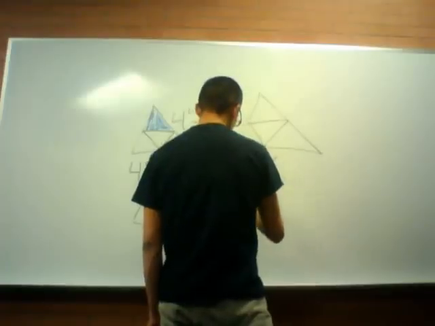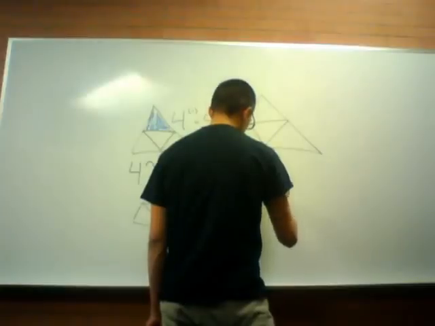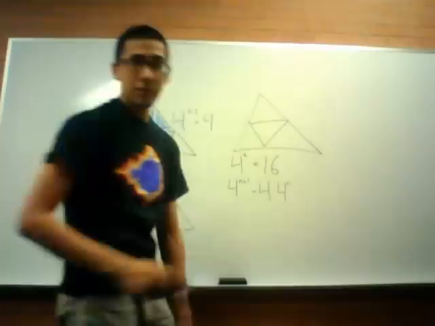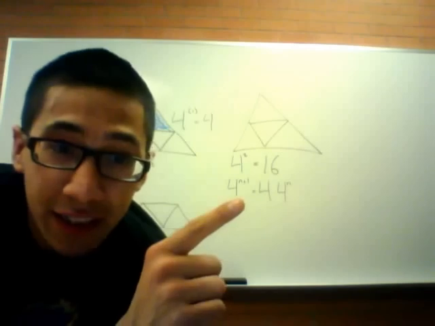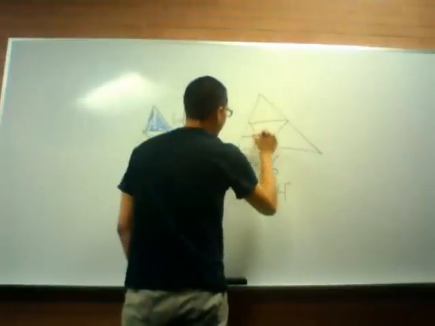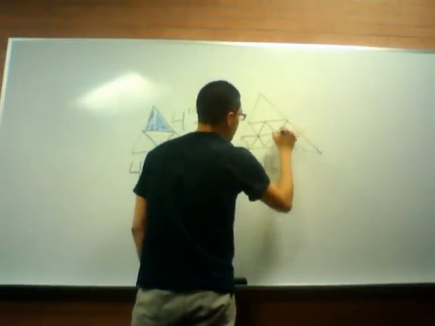So 4 to the n plus 1 is equal to 4 times 4 to the n. And the reason this is important is that, oh wait, let me finish drawing him. I forgot a whole bunch of triangles.